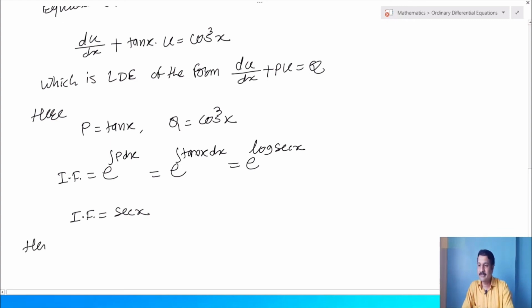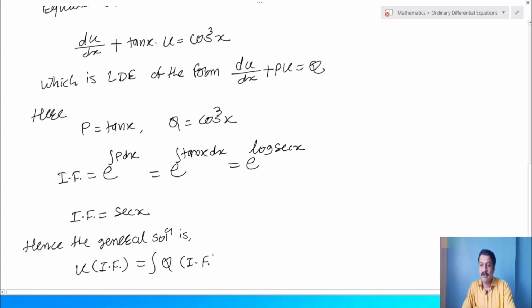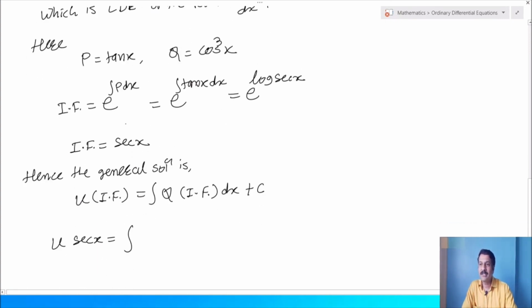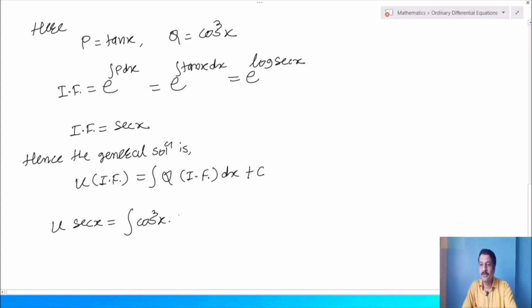So hence the general solution is, so what is the formula? Here, because it is linear in u, u into IF equal to integration of q into IF into dx plus c. What is IF? It is sec x. Integration q, so q is what here? Cos cube x into IF, means sec x, dx plus c.